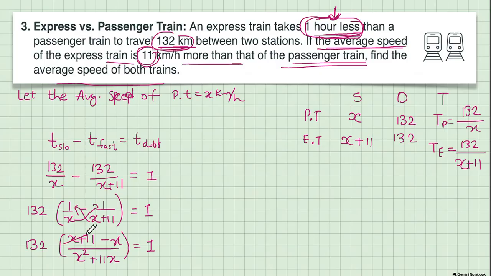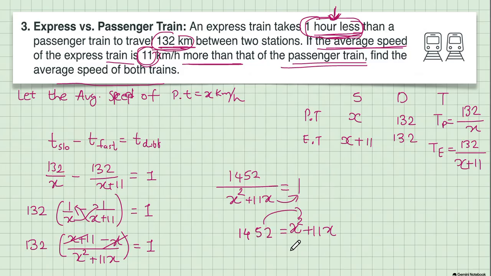In the numerator, x minus x gets cancelled, and we just multiply 132 into 11, which gives 1452. The denominator x square plus 11x is as it is, equal to 1. Multiply it again: x square plus 11x into 1 is x square plus 11x, and this side we have 1452.